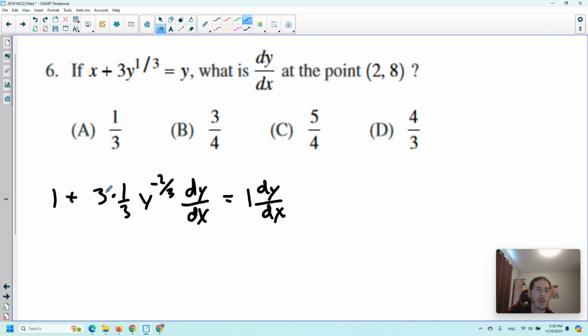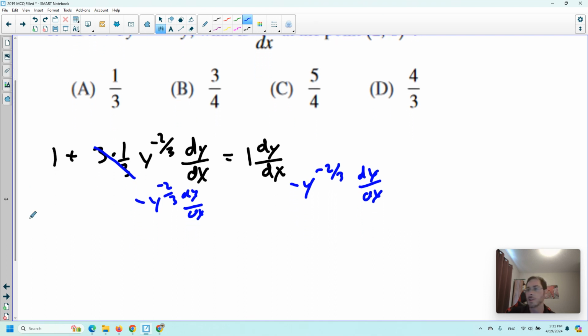Looks like we're moving this big thing over to the other side. 3 times 1/3 cancels out, which is nice. So I'm just going to go ahead and subtract y to the negative 2/3 dy/dx from both sides. Again, it looks really scary, but it's just doing subtraction. So just like in Algebra 1, we're just subtracting that to the other side.